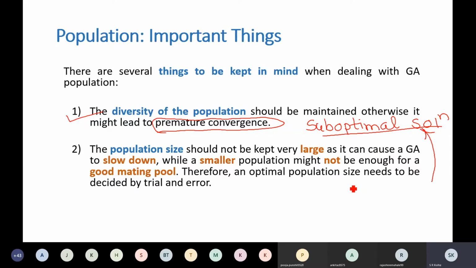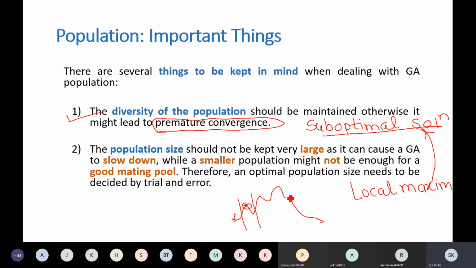So this is equivalent to local maxima. For example, if your search space is something like this, and you are somewhere here, if you consider this much part, this solution will be returned by the algorithm, which is not the optimal solution, which is a suboptimal solution. So that will lead to local maxima.